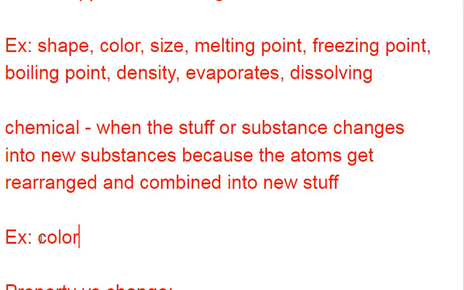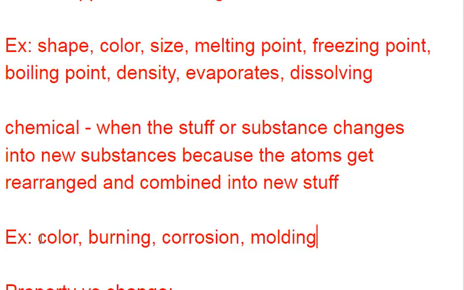You know any other chemical ones offhand? Burning is one. Like when your batteries get all white and nasty, start growing that foam on them, that's called corrosion. Molding would be one, yes, when food's rotting.